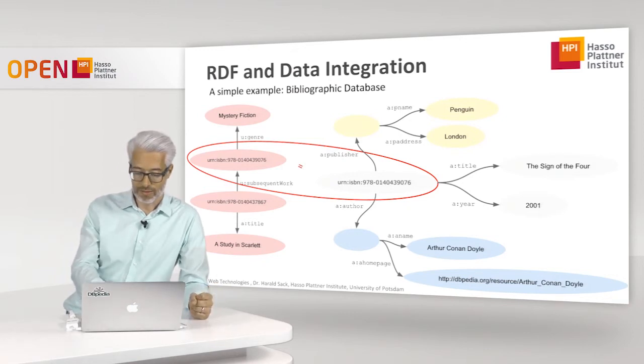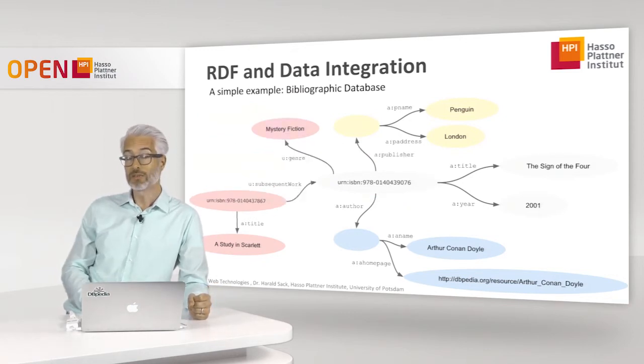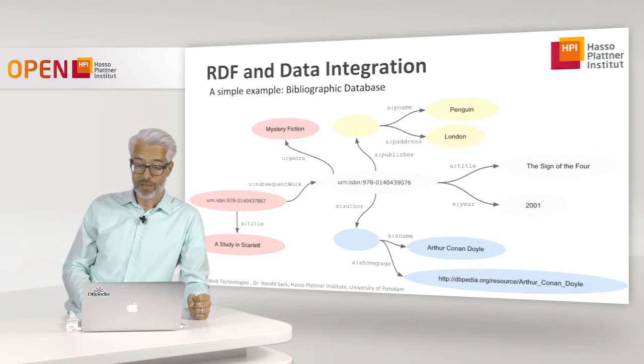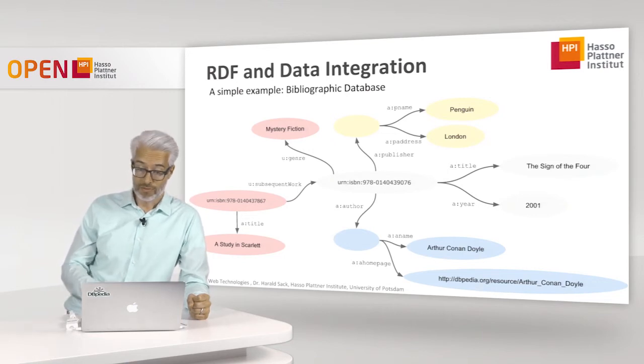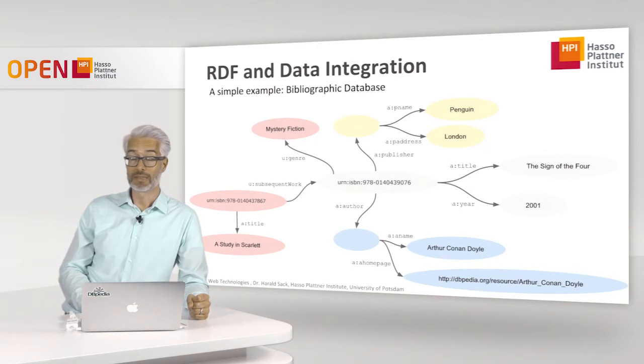It's pretty easy. So what you do here is you simply connect the foreign graph or the alternative graph you have found with your own node, which represents here the same URI, the same ISBN number. And this, of course, is a rather simple example of how data integration based on the notion of URIs might happen.